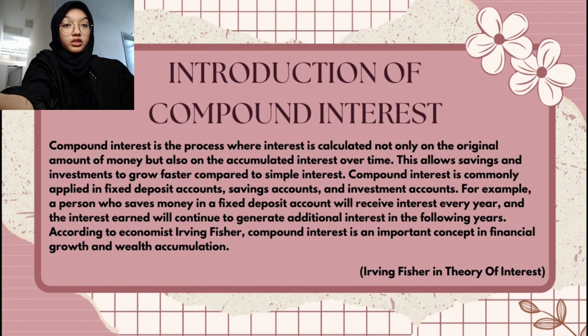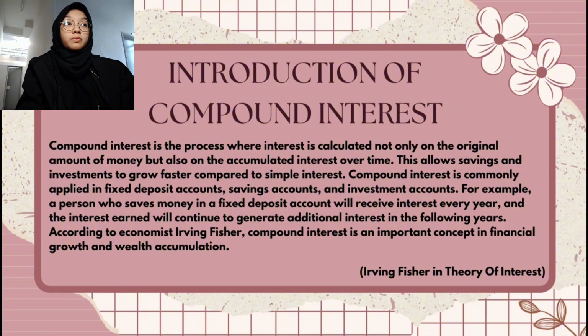Introduction of compound interest. Compound interest is the process where interest is calculated not only on the original amount of money but also on the accumulated interest over time. This allows savings and investment to grow faster compared to simple interest. Compound interest is commonly applied in fixed deposit accounts, savings accounts, and investment accounts.